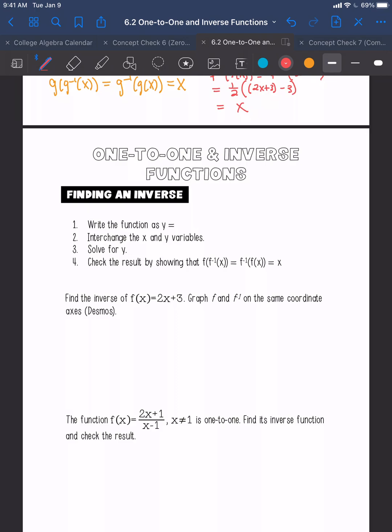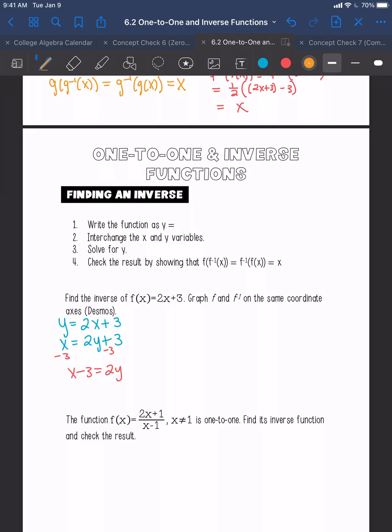So here we're going to find the inverse of f of x equals 2x plus 3. So rewrite it as y equals 2x plus 3. We're going to interchange the x and the y, so now we have x equals 2y plus 3. And now we solve for y. So we have x minus 3 equals 2y.